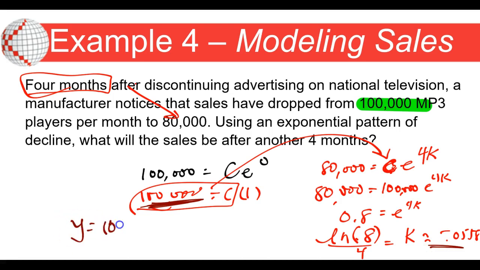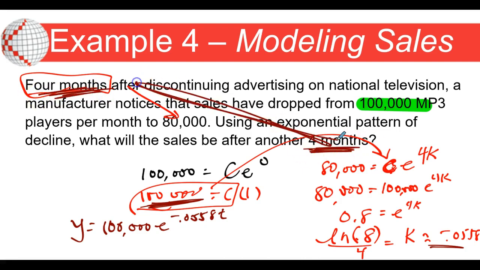So y is equal to 100,000 e to the negative 0.0558t, and let's see, it's another 4 months after these 4 months, so I think that's a total time of 8 months.